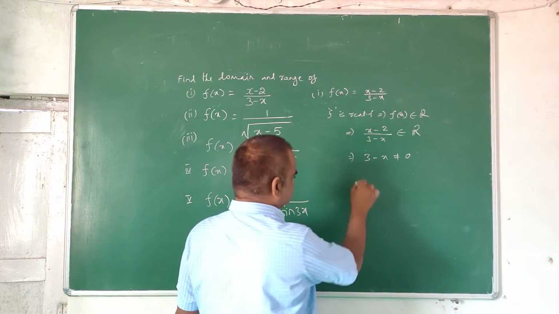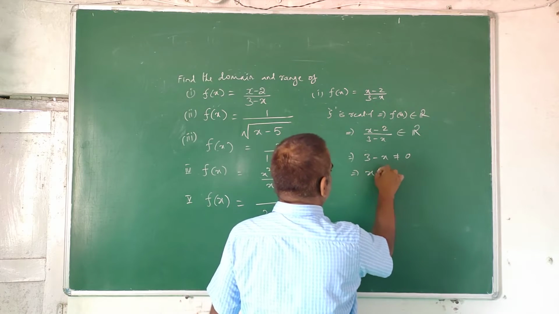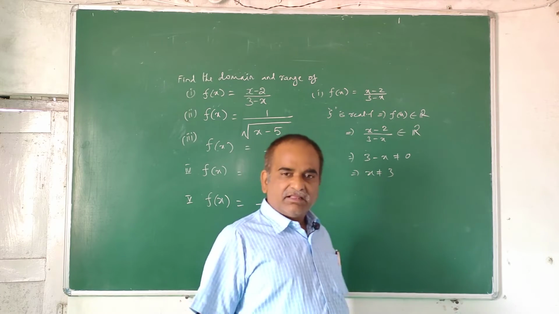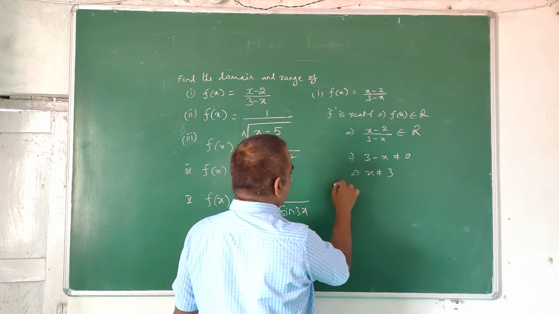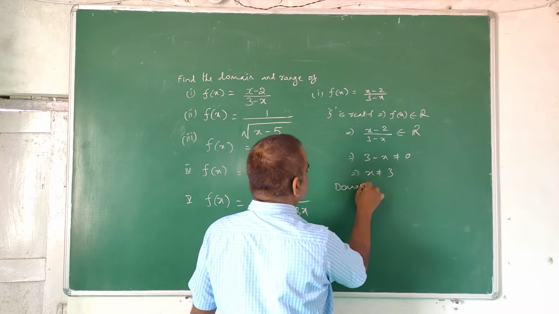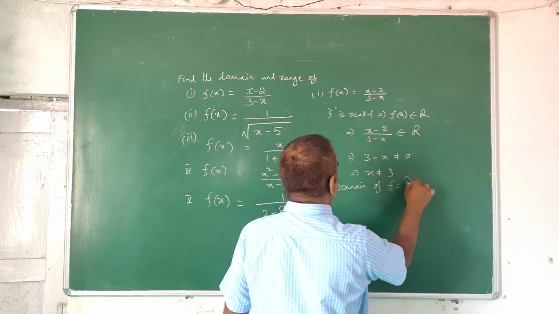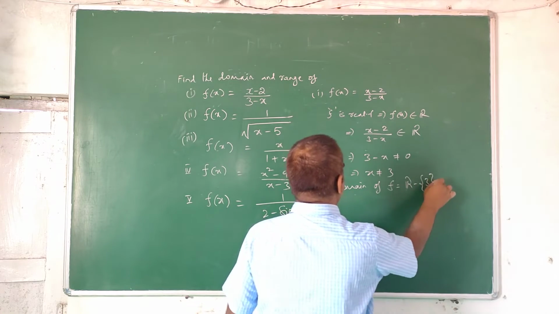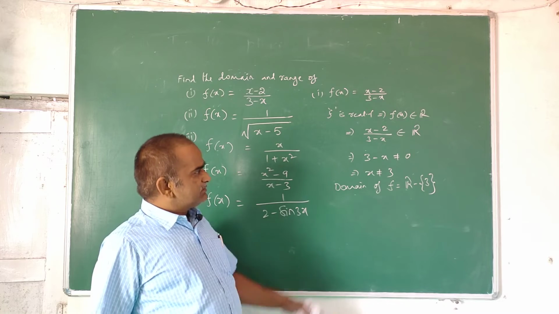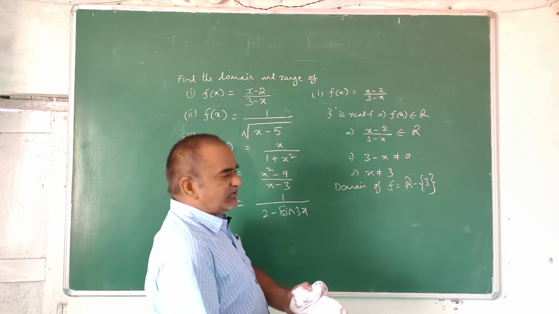It implies x should not be 3. Therefore, the domain of f is the set of all real numbers excepting 3. This is the domain. Now we have to write the range.